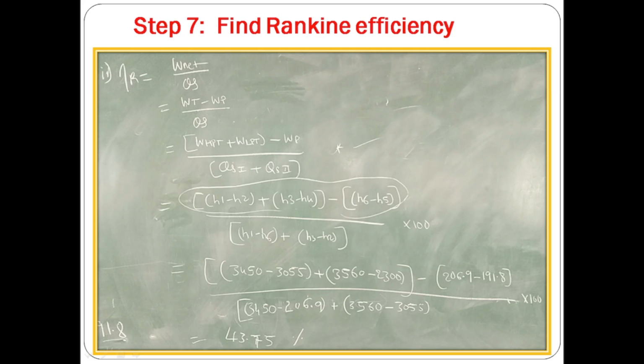Turbine work is the addition of both expansion processes, in the high pressure turbine as well as the low pressure turbine. So I write WHPT plus WLPT minus pump work. Heat addition takes place in the boiler as well as the reheater, so I write QS1 plus QS2.